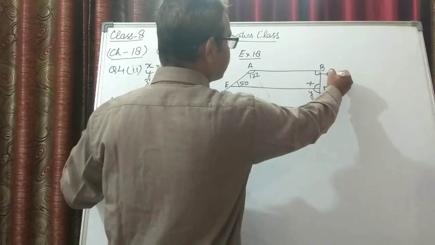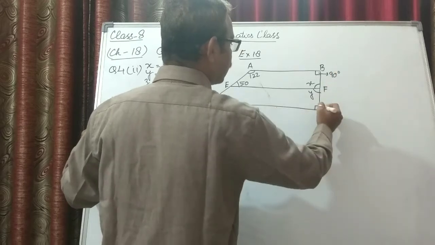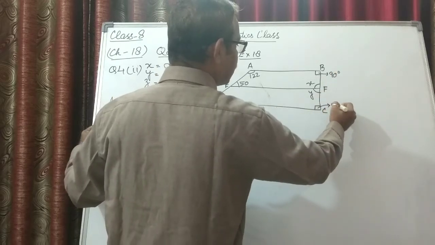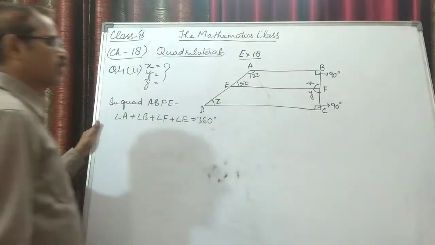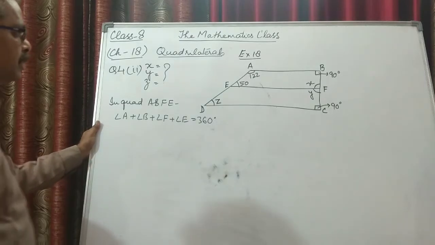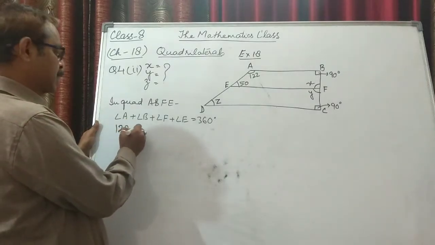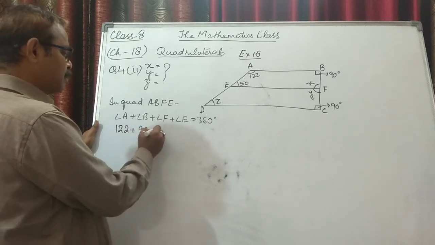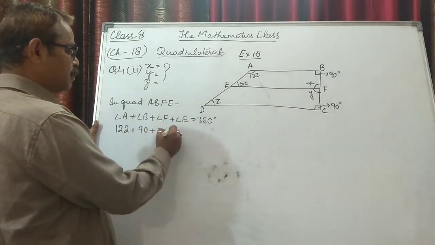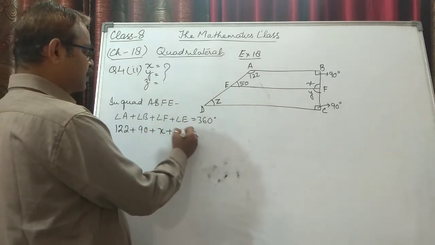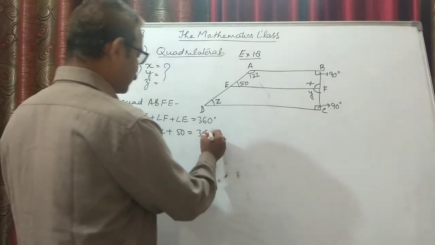So angle B is given 90 degrees. You need to know that the meaning of this angle is 90 degrees or perpendicular. So in place of angle A, we can write 122, plus angle B is 90, plus angle F is X, plus angle E is 50, is equal to 360.